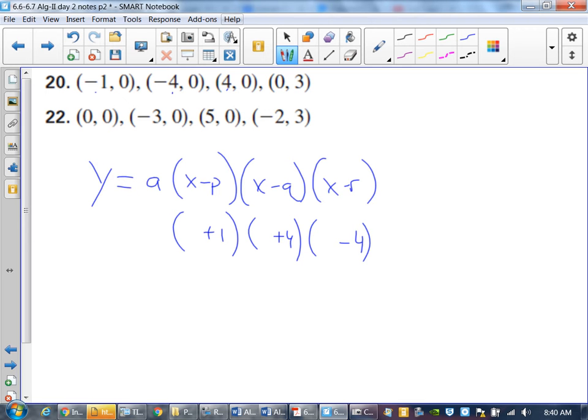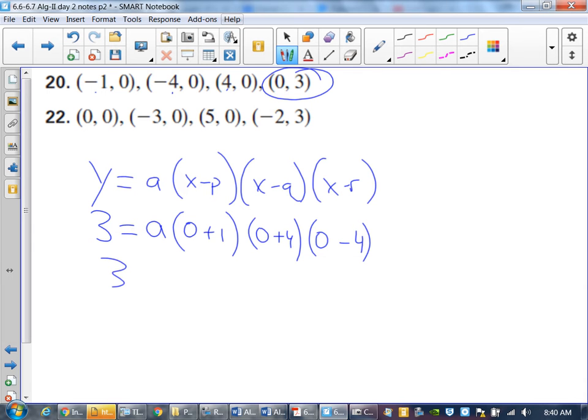My x and y value given to me are 0 and 3. So it's got to equal 3. A is here, so this is going to be 0, 0, and 0. Now, I'm going to trust the fact that we can do 1 times 4. This is 4. And then 4 times -4 is -16.